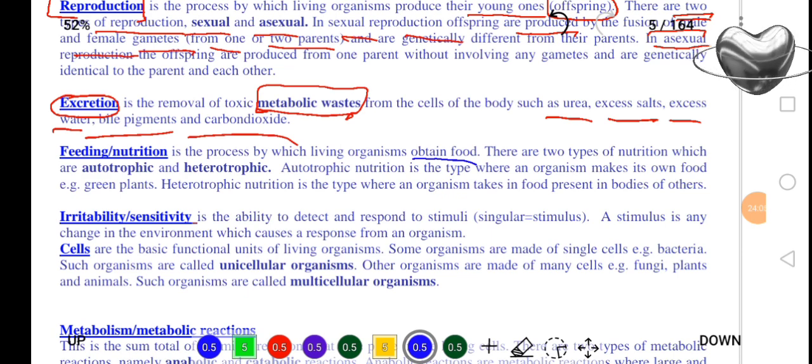The process of taking food, for example, I am giving an example of us human beings. The moment you put your food in your buccal cavity or your mouth, feeding starts. And only a living organism is able to undertake that process of picking the food and taking it into the mouth.